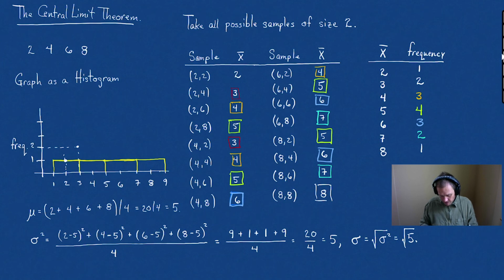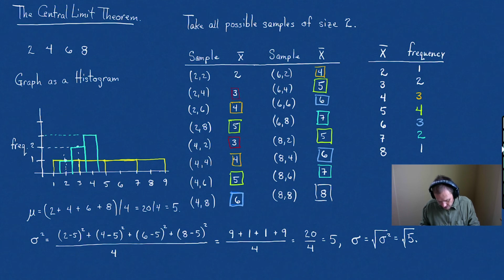Because notice now my data is 2, 3, 4, 5, 6, 7, 8. So my boundaries are going to be 1.5 to 2.5. Let's do this whole picture in this orange, so it offsets the blue. From 1.5 to 2.5, from 2.5 to 3.5. And then my next data value, 4, has a frequency of 3. So that's going to be from 3.5 to 4.5.